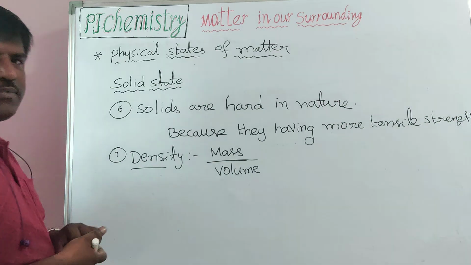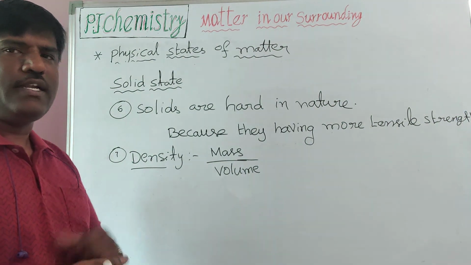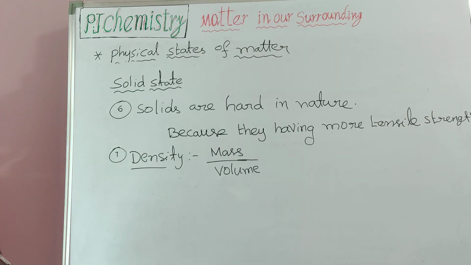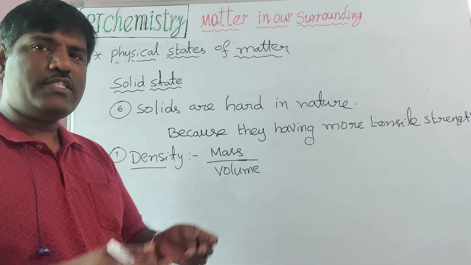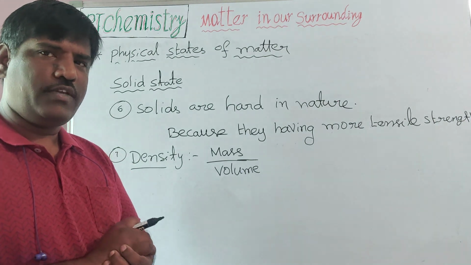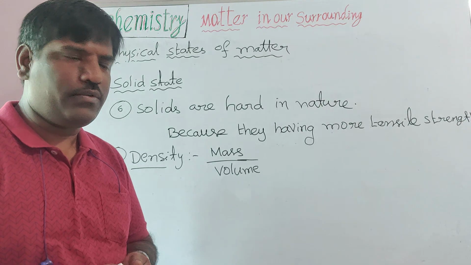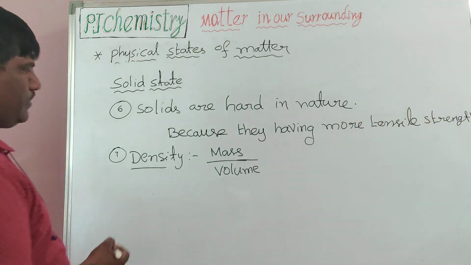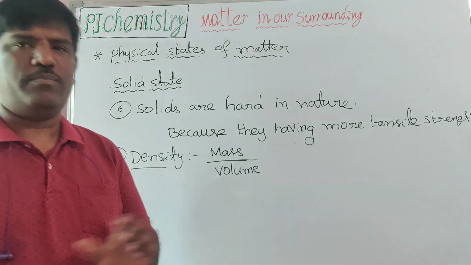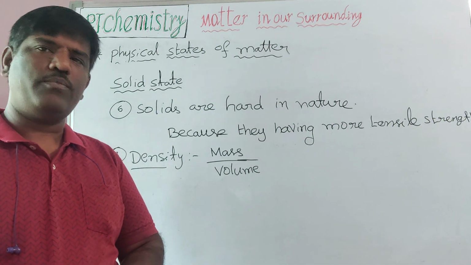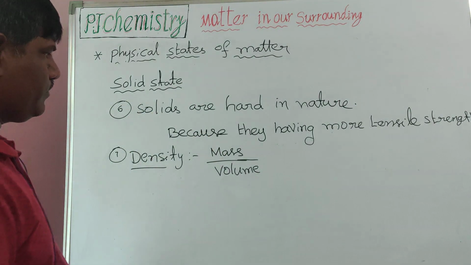So the mass of the substance occupies how much volume, based on that we decide the density of the substance. More mass means it occupies less volume. If they have less mass, they will occupy more volume. That's how we discuss it. For example, generally solids have more density than other physical states.